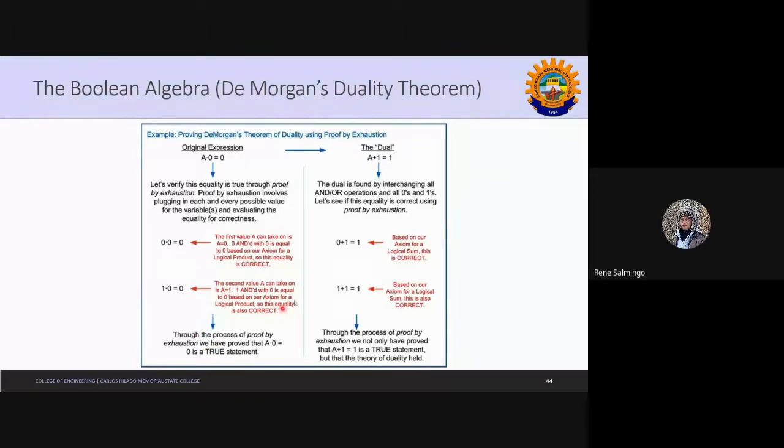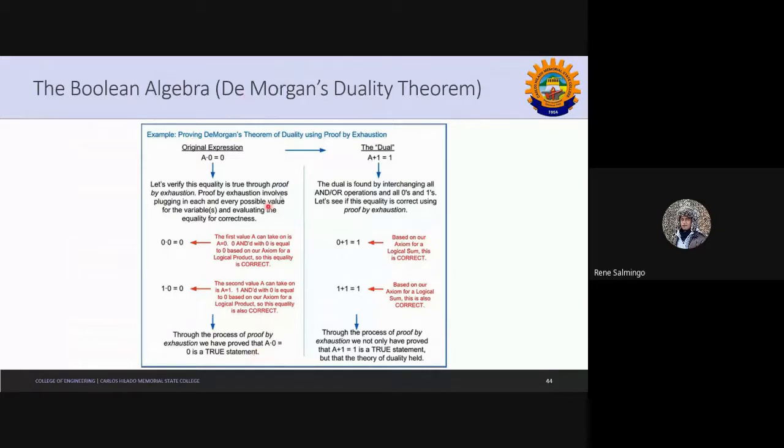The second value that we can take is A equals 1. We refer back that 1 and 0 is equal to 0 based on our axiom for logical product. This is also correct, and we mean that A and 0 equals 0 is a true statement.